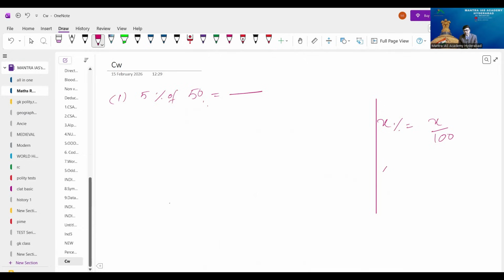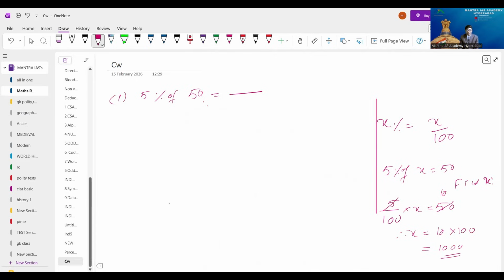Even if a question says 5% of X is equal to 50, find X, what to do? Same style, 5 upon 100 into X is equal to 50. 5 ones are 5 and 5 tens are 50, so X is equal to 10 into 100, which is 1000. This is the way of doing it.